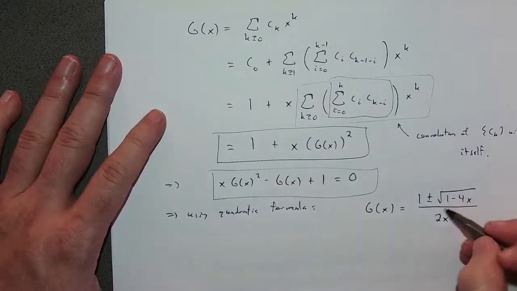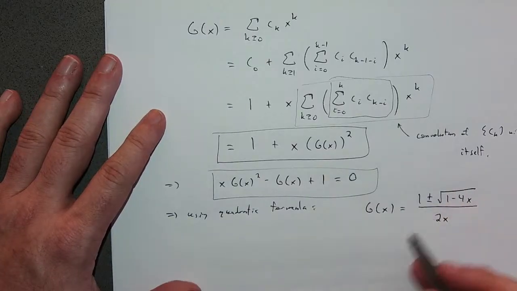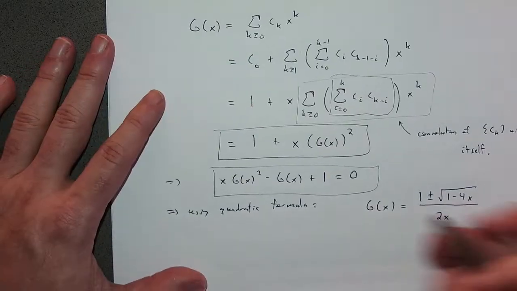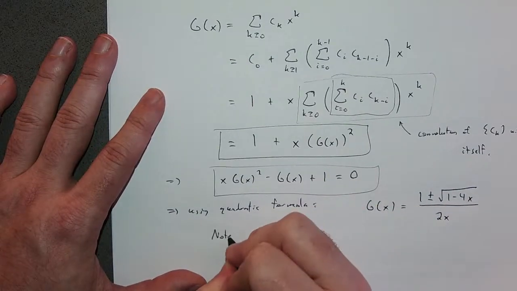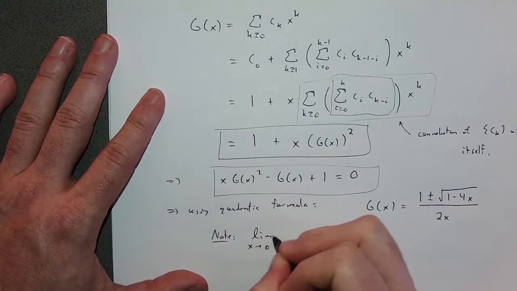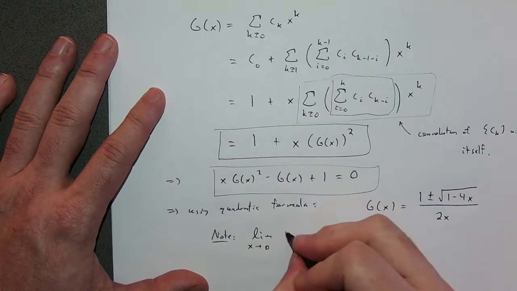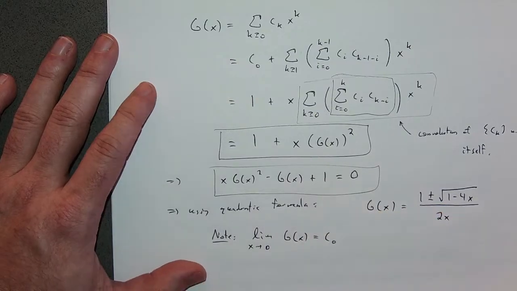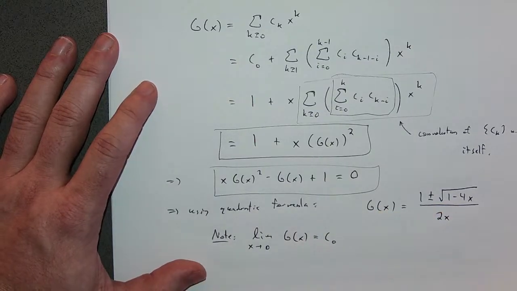Now, this gives us two functions, right? So only one of these can actually be the generating function. So what has to be the case? So note the limit as x goes to 0 of g of x must be, or rather is, c naught, which is 1.